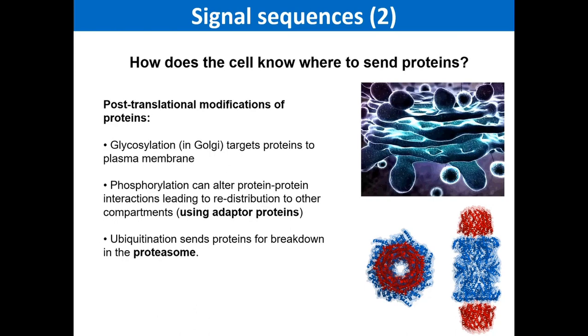This can be usually serine, threonine, and tyrosine. And this will also direct the proteins into different compartments of the cell. And then, of course, last but not least, ubiquitination, where a protein called ubiquitin will be added on the C term of a protein, and it will direct it to this machine, the proteasome, which is involved in the controlled degradation of proteins.